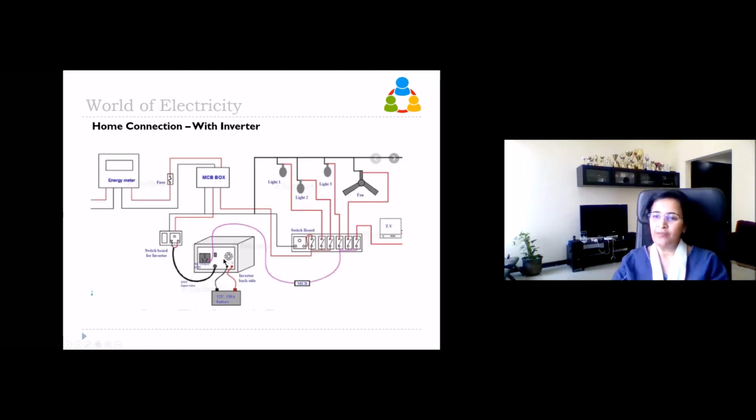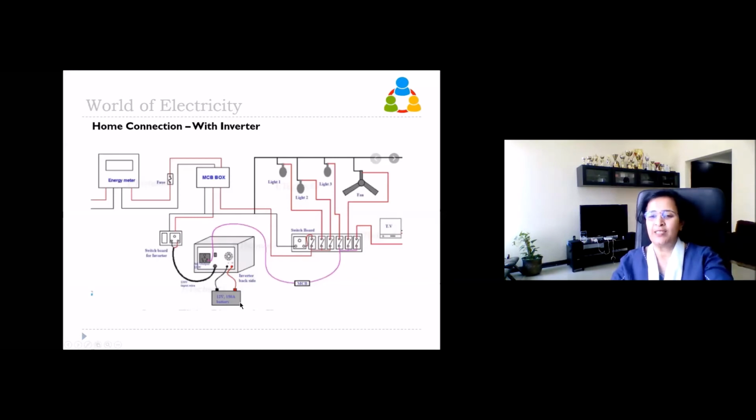The inverter converts the energy it is getting and stores it in the battery. When it is filled, it stops charging.